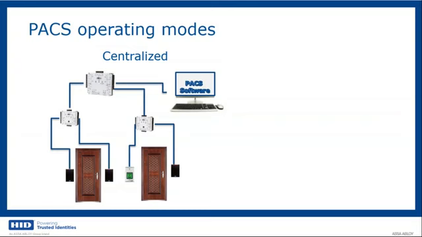These will communicate to a PACS software via TCP/IP, or with IP communication, and we can have a lot of them communicating to the PACS software, so we can implement a lot of doors. We will not be restrained by the quantity of doors, but by the quantity of controllers that we can add to our solution.